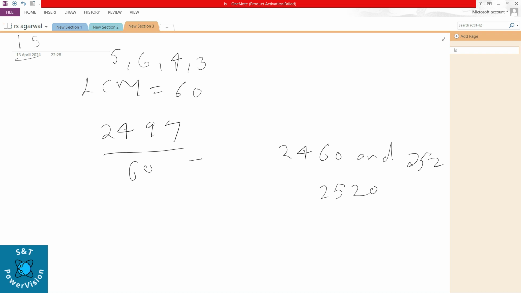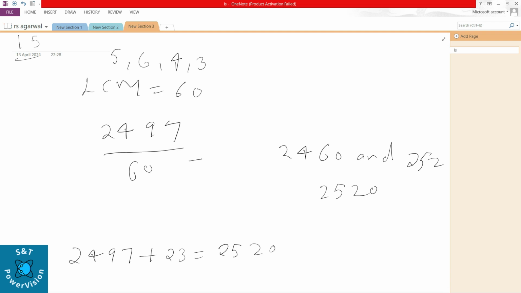Since it is asking what number should be added, 2497 plus 23 is equal to 2520 here. It means if we add 23 to 2497, it will become 2520, which is divisible by all the four numbers 5, 6, 4 and 3 here.